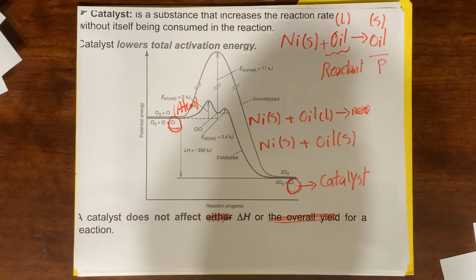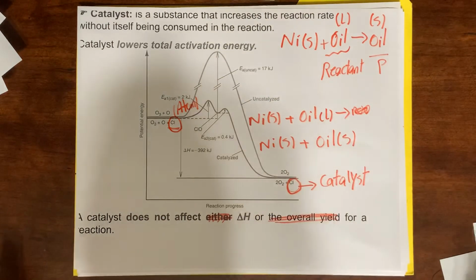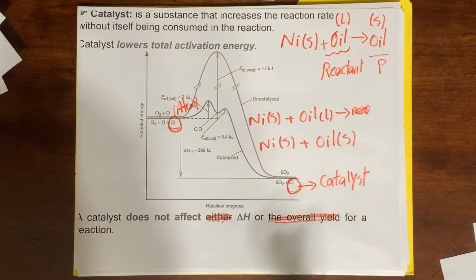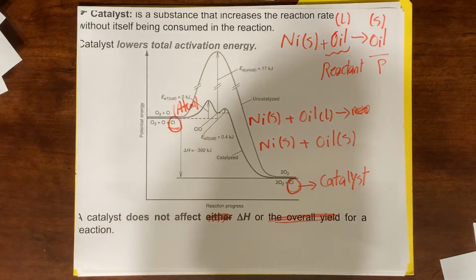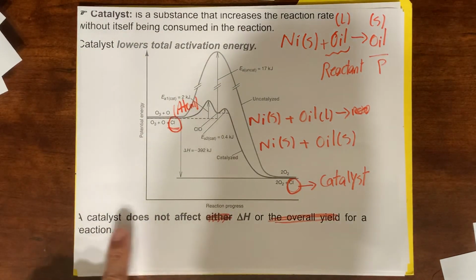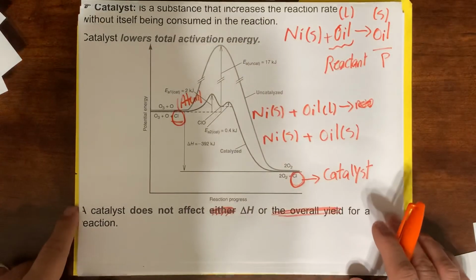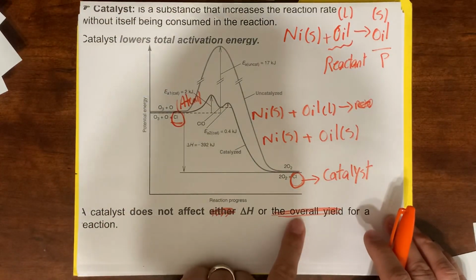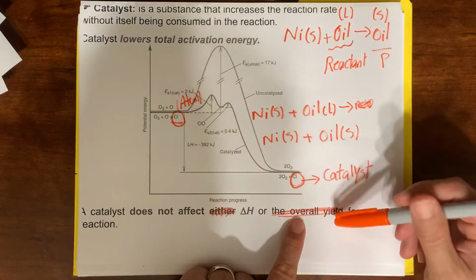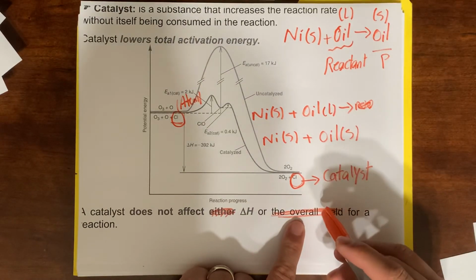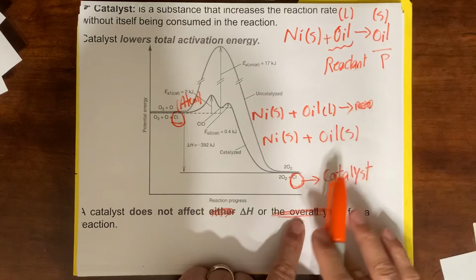If you keep the time open, then it might not. At the end, you might get almost 100% conversion if you give it enough time. So it's not 100% wrong if you don't care about the time. If you don't care about the time, the yield will be the same at the end.